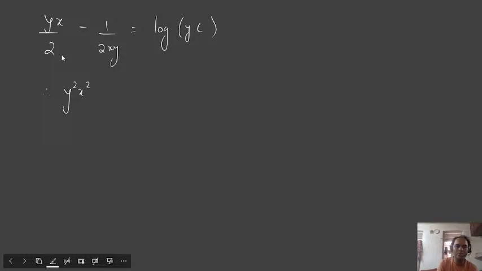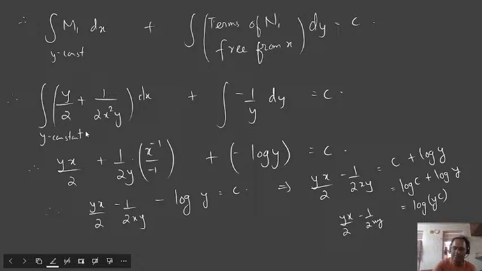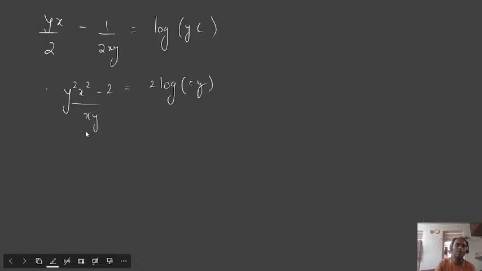Okay, what I'll do is push this 2 in the log part, so it is 2 log cy, I'll write, that would be better, minus 1 over x, here also 2 will come then. If we do that, then we will get this way also. So this is the maximum simplification you can do.